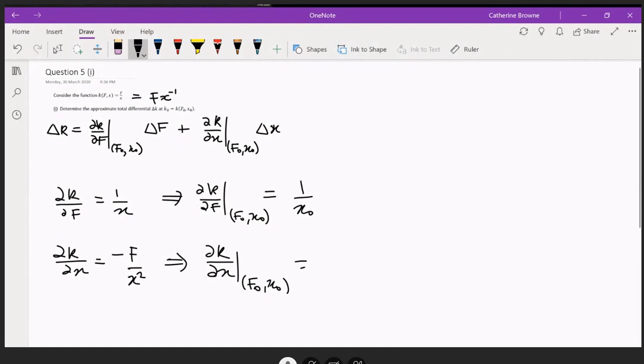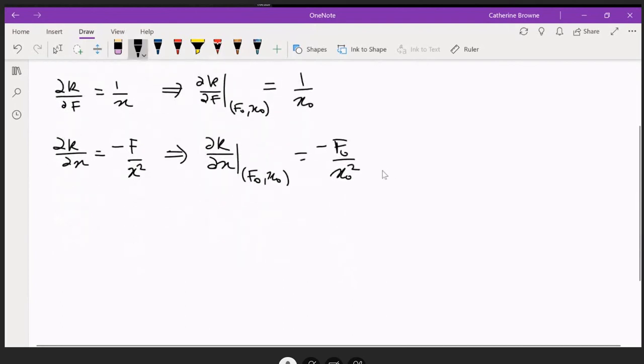At the point f naught, x naught, that will be minus f naught over x naught squared. And so now we've got the total differential is equal to this.